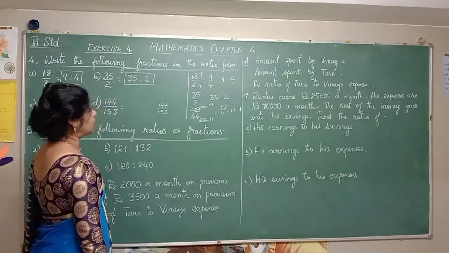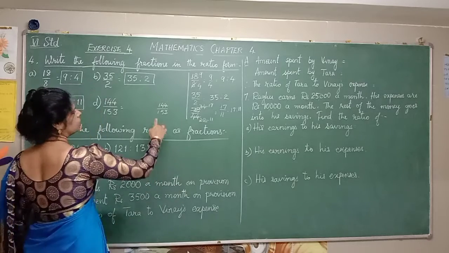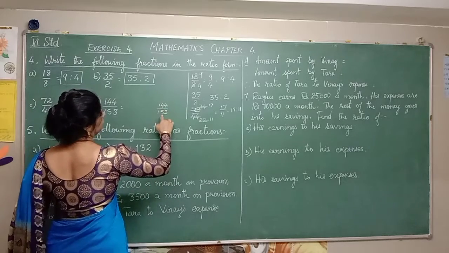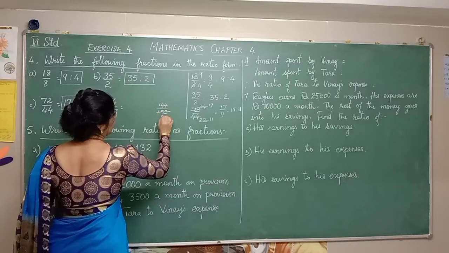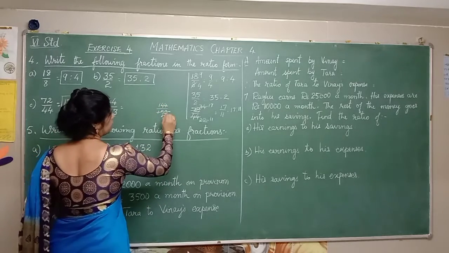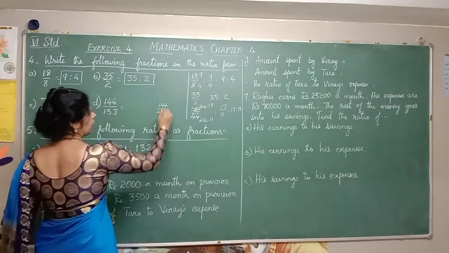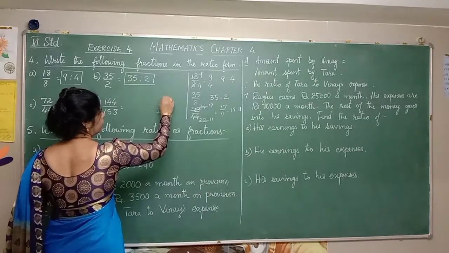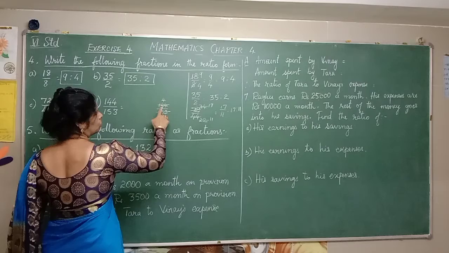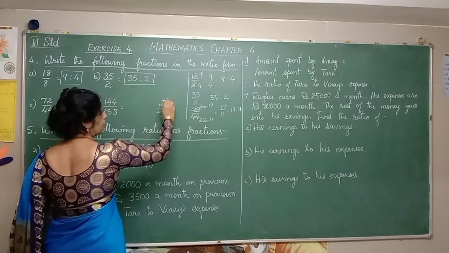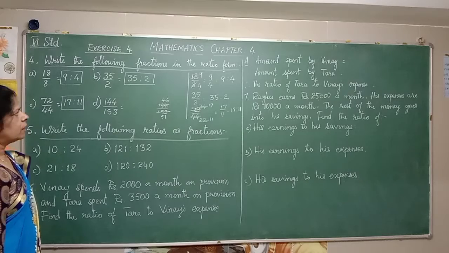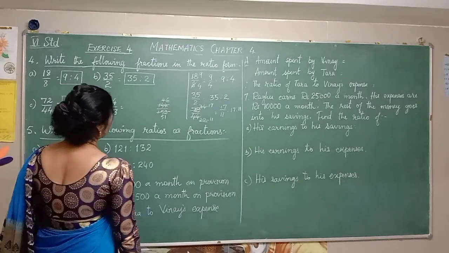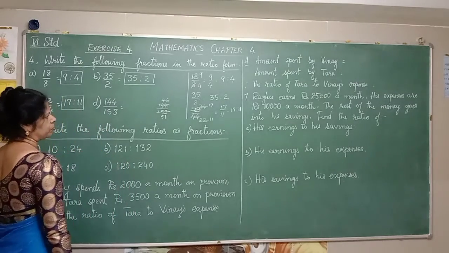So 9, we will see whether it goes. So we will see with 3 only. 3 5s are 15, 3 1s are 3. Again 3 4s are 12, 2 remains, 24, 3 6s are 24. Isn't it?